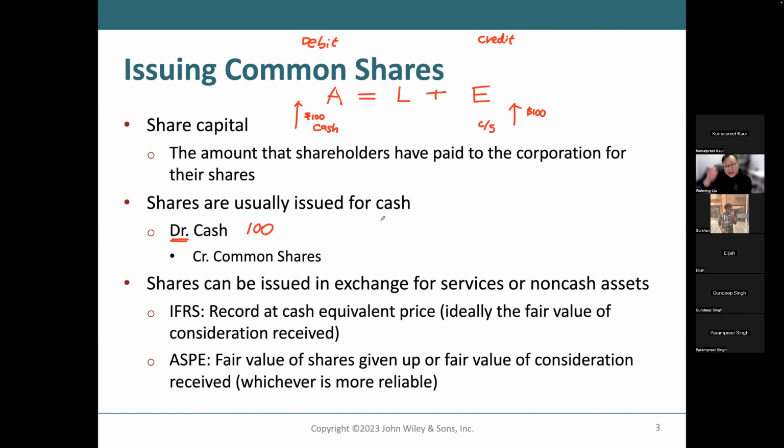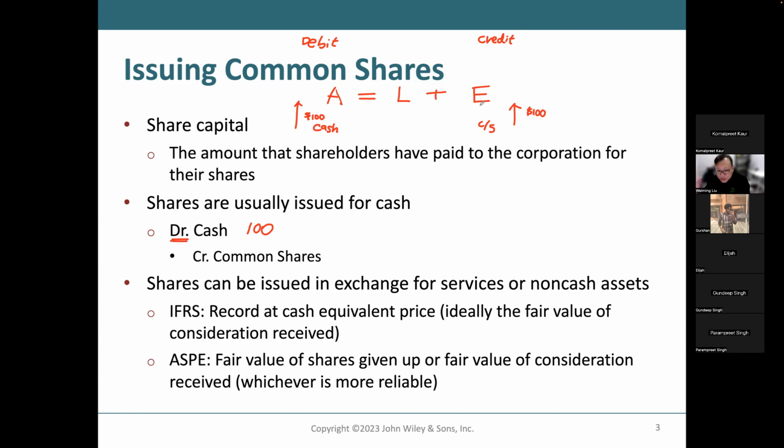Now, if I debit my liability and my equity, it creates the opposite effect because these two accounts are on the other side of the equation. If I debit my asset accounts, it increases the asset balance, but if I debit my liability or equity accounts, it reduces their balances.